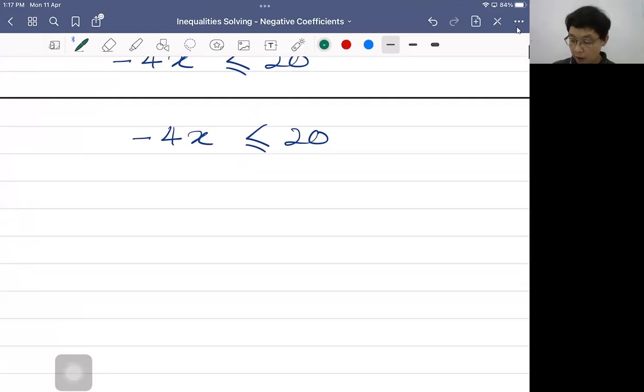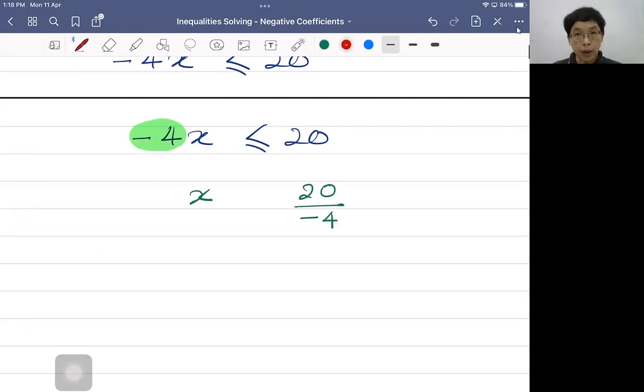So now we have the coefficient of negative 4, all right? So we know that eventually we're going to flip the sign. Let's now divide both sides by 4. When you divide both sides by 4, the 20 is going to be divided by 4, and then the sign.